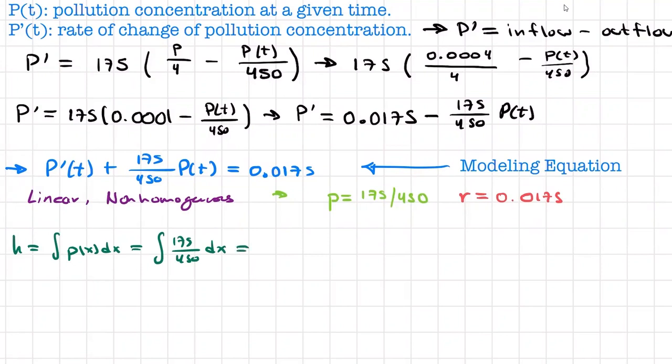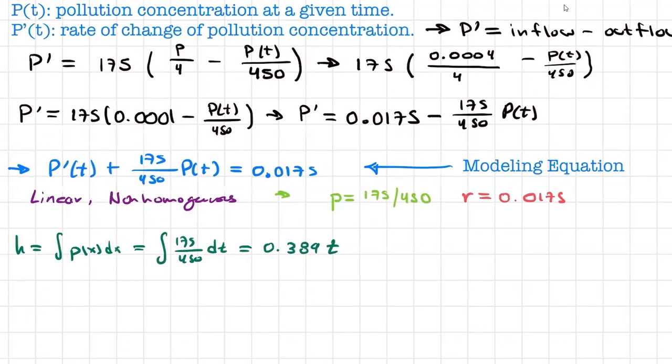And for this one, if we simplify 175 over 450, that's just 0.389. We're not integrating with respect to x, we're integrating in this case with respect to t. The formula says dx, but we're actually integrating with respect to t. That's our independent variable. So it will be 0.389 times t. So that's for h.